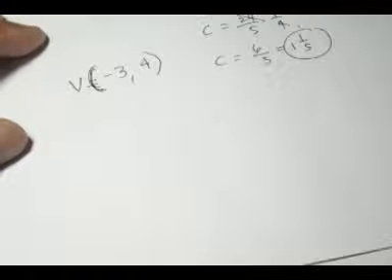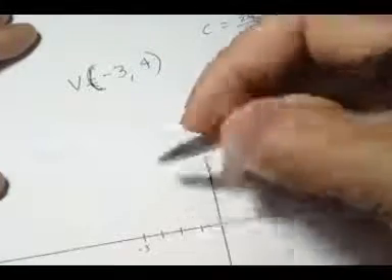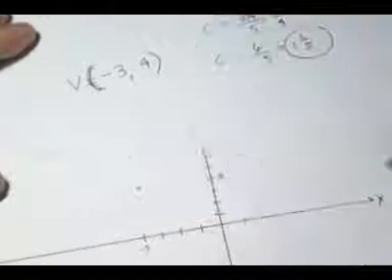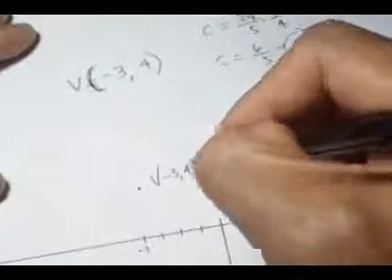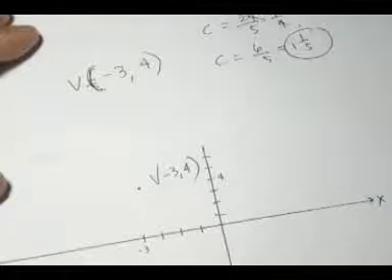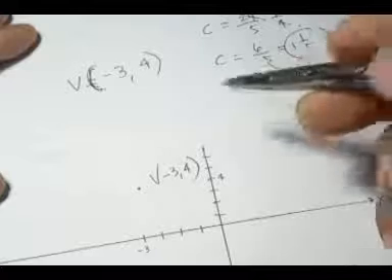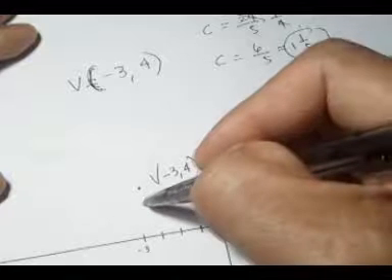Let us sketch the graph. So let us determine the vertex. It's negative 3, 4. So this is our vertex. Negative 3, 4. And c, 1 and 1/5, somewhere here.